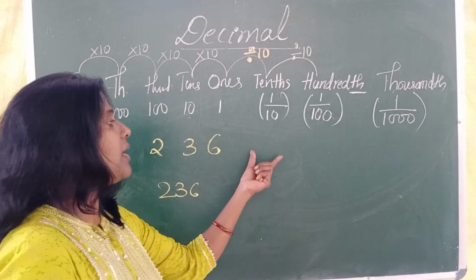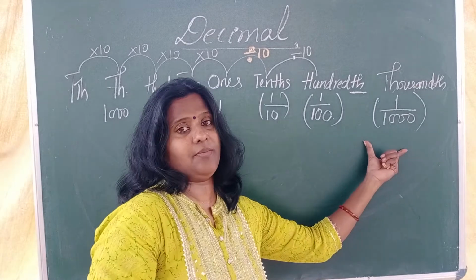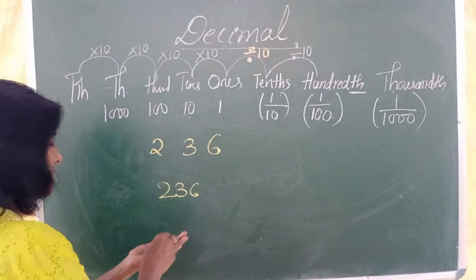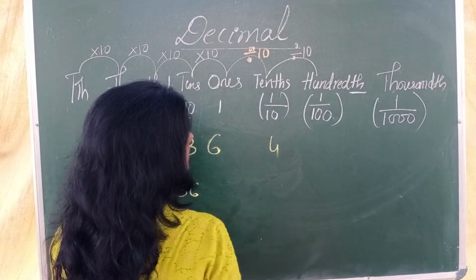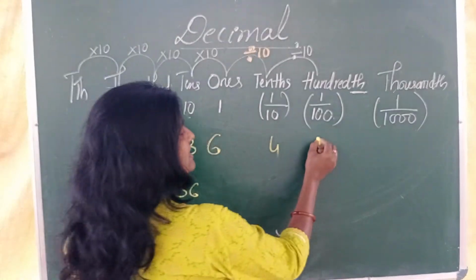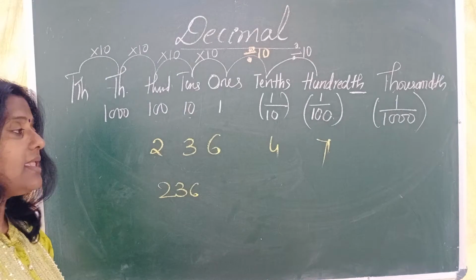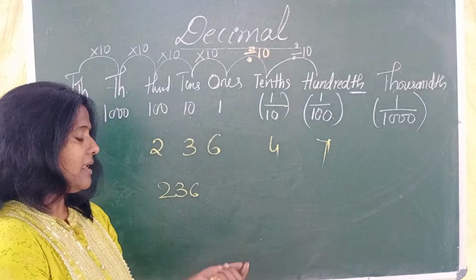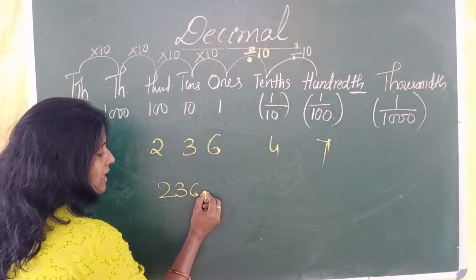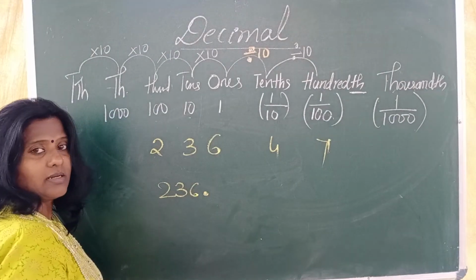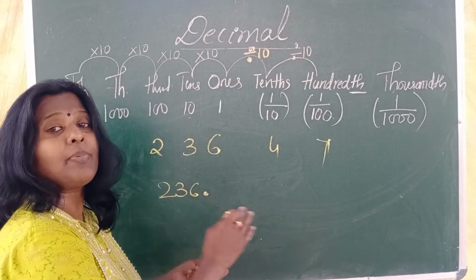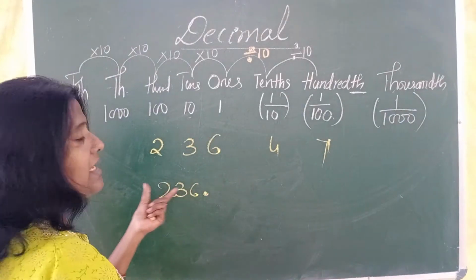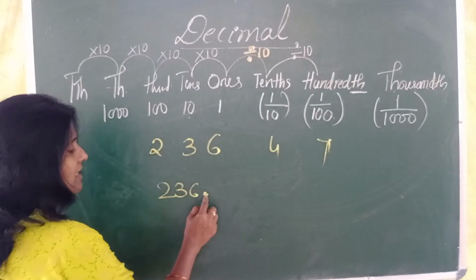If the number comes on this side, the tenths place, hundredths place like this, for example 4 is in tenths place, 7 is in hundredths place, then how to express this? Then we have to put a decimal point here. This point represents the separation of the decreasing value and the increasing value.